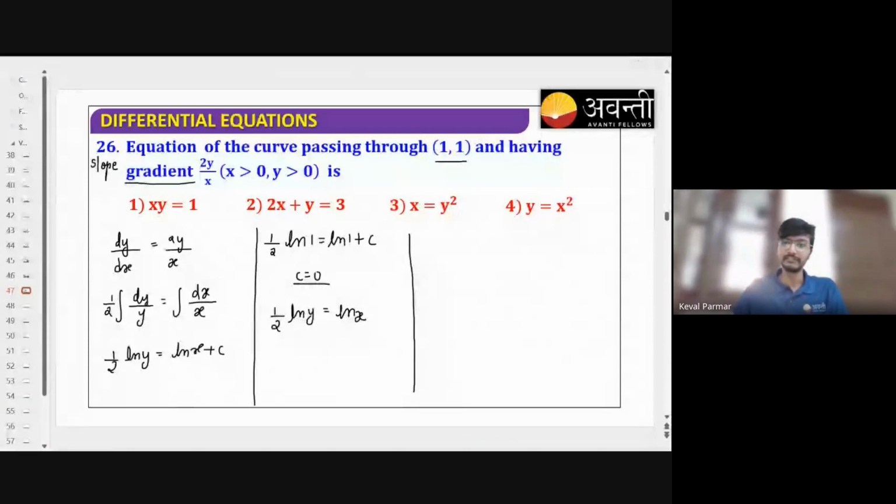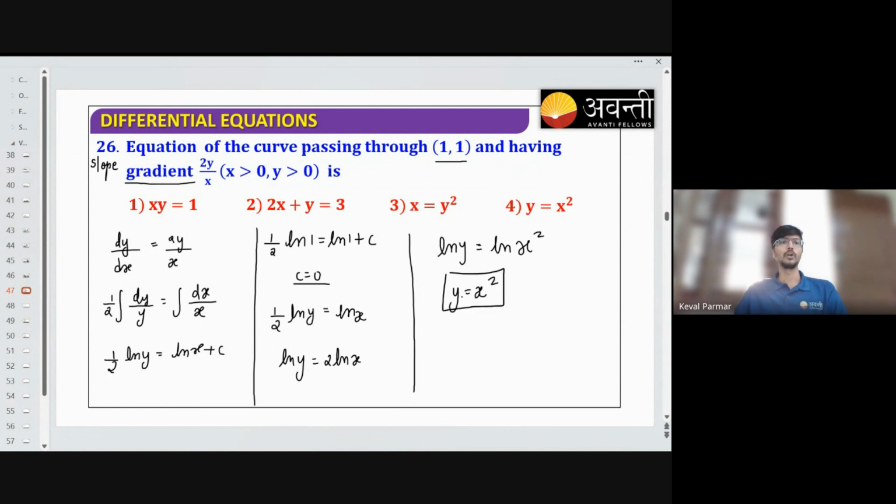Day one is saying the option is 4, y equals x square. Super. So we'll just cross multiply. So I'll get ln y equals 2 ln x. By the log property, I can write ln y equals ln x square. If we take anti-log on both sides, I'll get y equals x square. This is my answer. Got it?